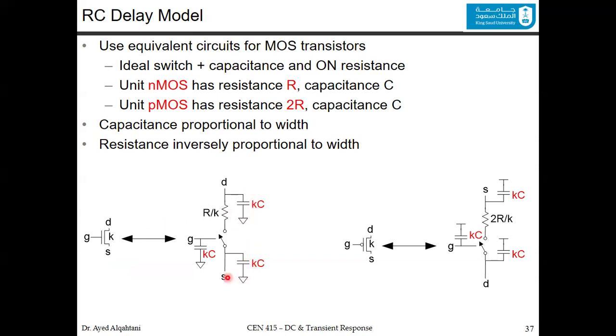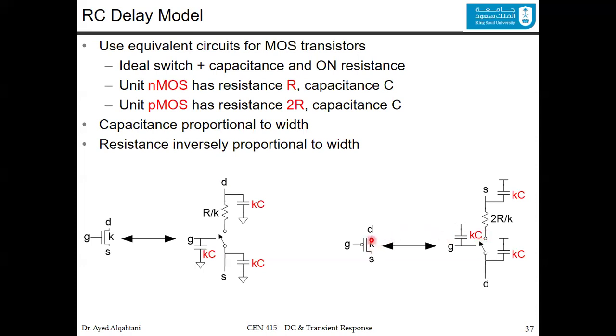This is why they are connected to the ground. For the PMOS, all these capacitances are connected to VDD because they are in the pull up network and they need to be charged. So the amount of capacitance is the same, and you deal with them in a similar way, whether it's an NMOS or a PMOS transistor.